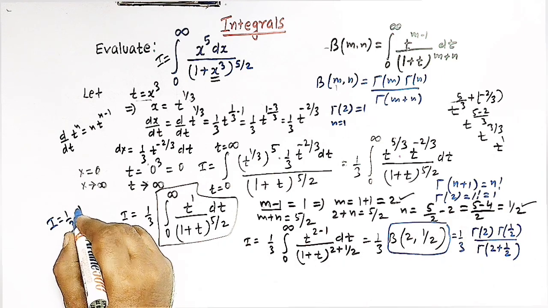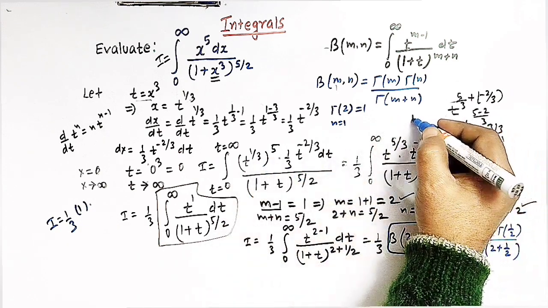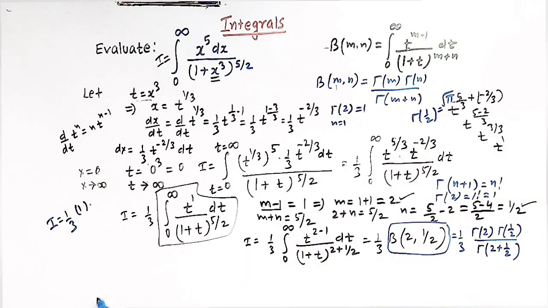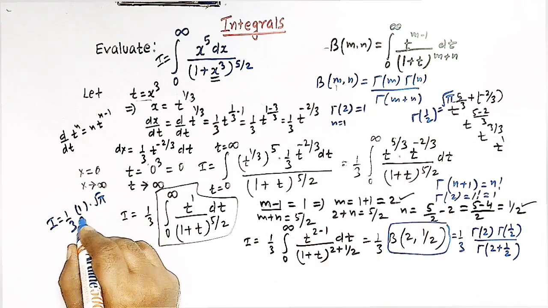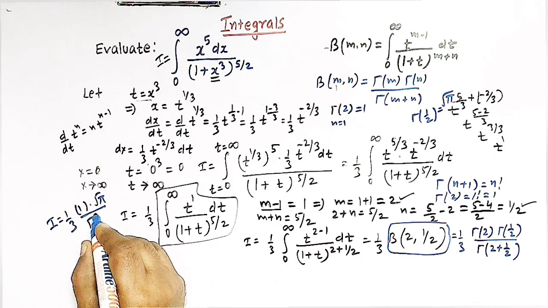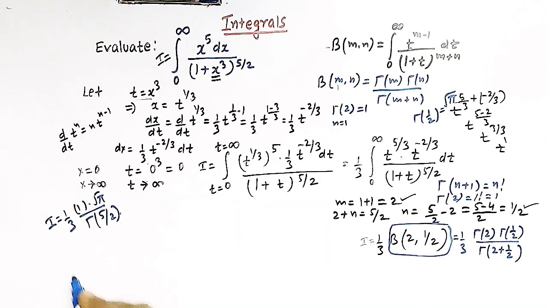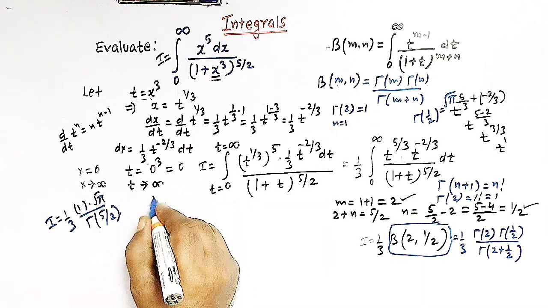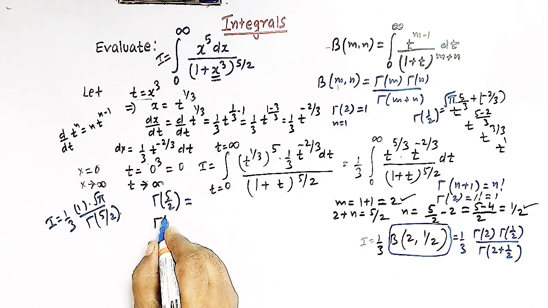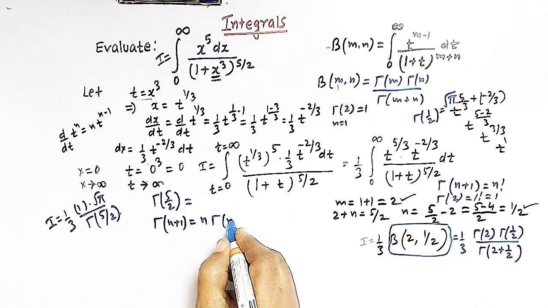And here we have gamma half. So gamma half can be written as square root of pi. So here we have square root of pi, and in the denominator we have gamma of 5 over 2. So now let us write the value of gamma of 5 over 2 with the help of this relation, that is gamma of n plus 1 is n times gamma n.